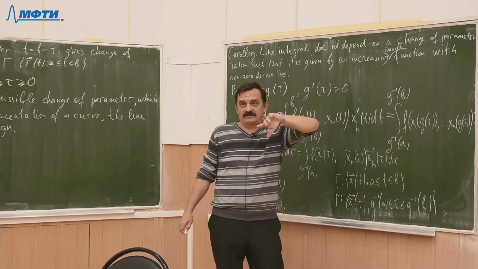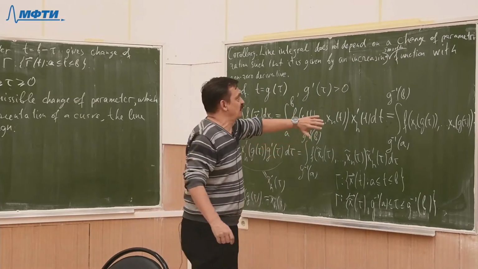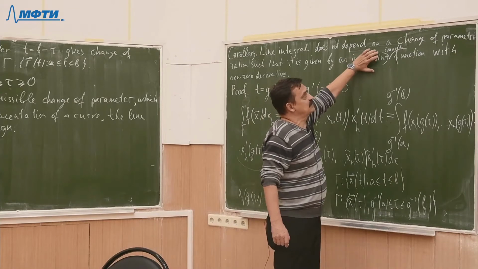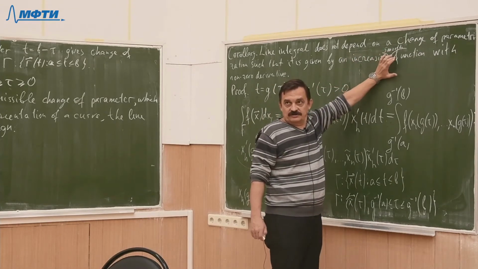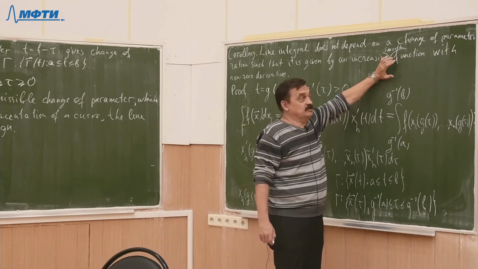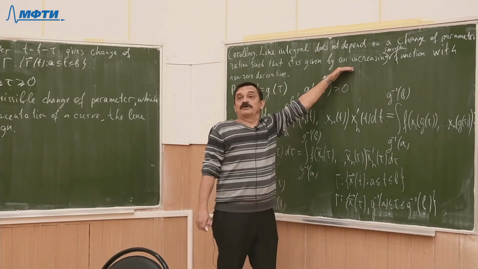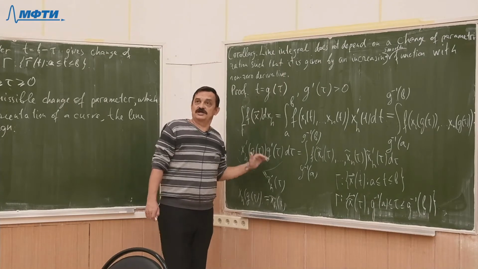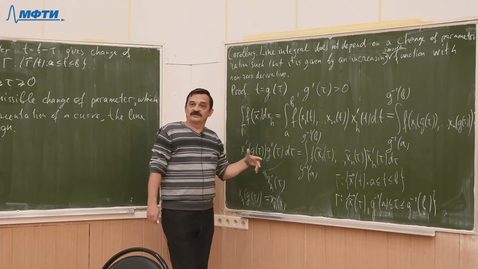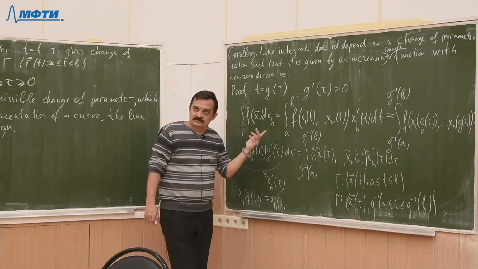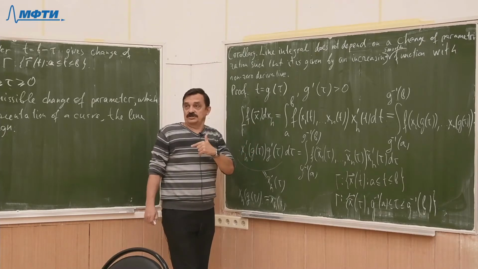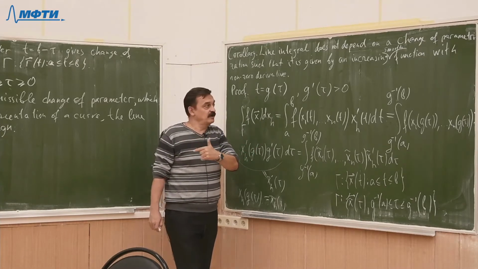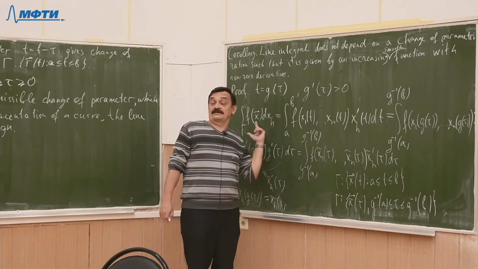And we know that admissible parameterizations are given just by strictly monotone smooth functions. So what does it mean? If it is increasing, the line integral doesn't change. But if it is decreasing, then we change the orientation of the curve. Hence, we change the sign of the line integral.